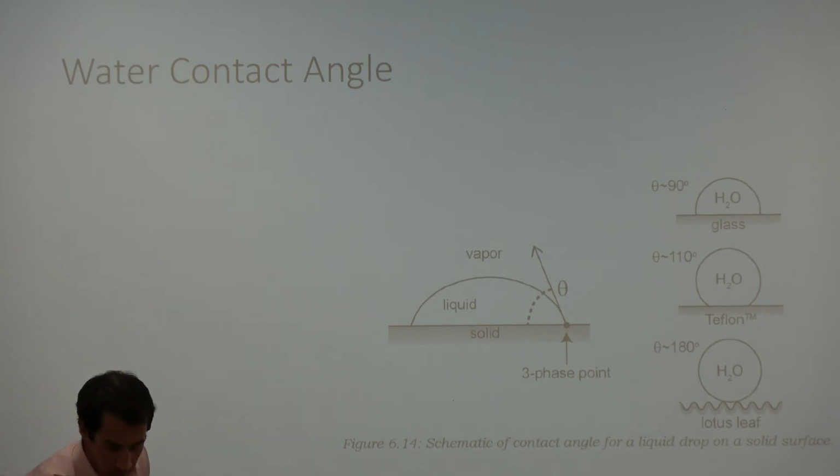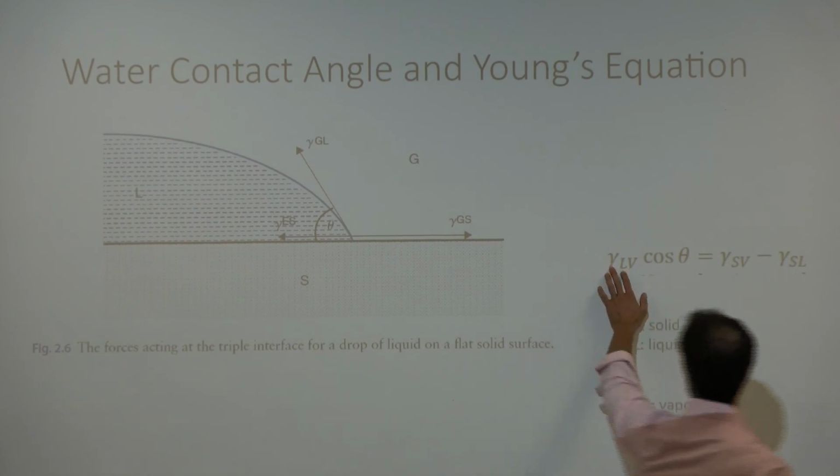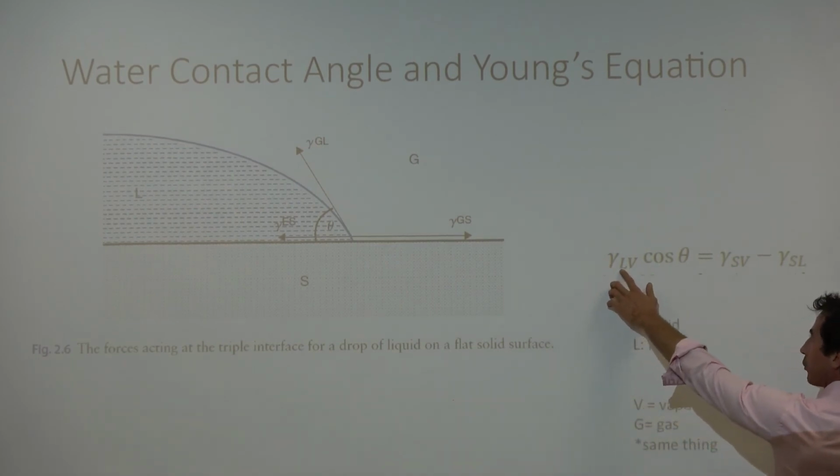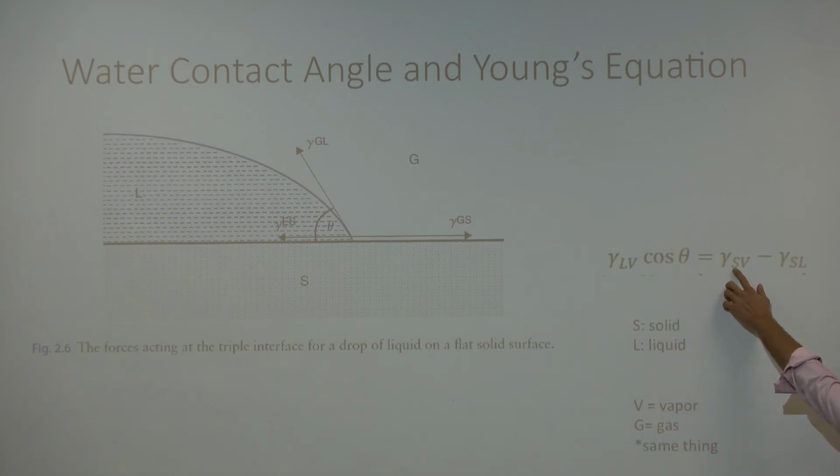So this Young's equation that at least a couple of you have seen before describes the surface tension at the liquid-vapor interaction to the surface tension between the solid-vapor and the solid-liquid. Okay, so we have different tensions at these different interfaces.